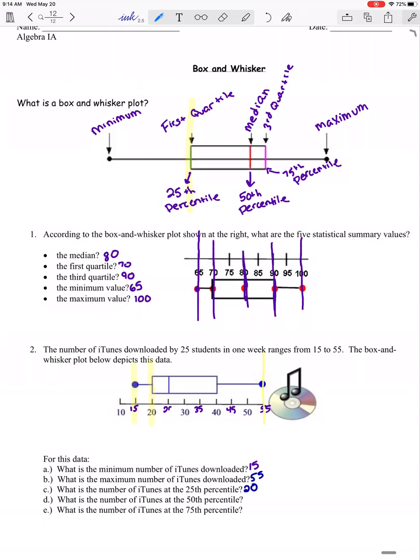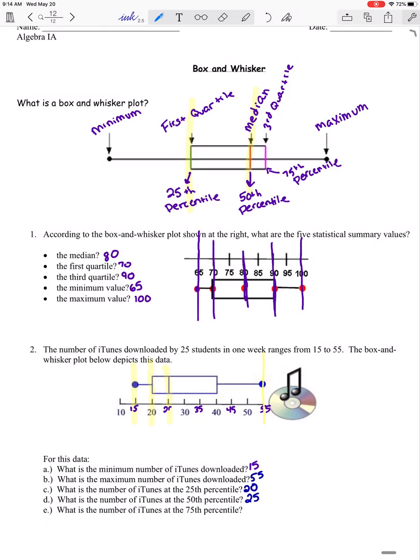For D, what is the number of iTunes at the 50th percentile? If we take a look at our notes, another way to say the 50th percentile was the median. And we know the median is right here. So that would be 25. For E, what is the number of iTunes at the 75th percentile?